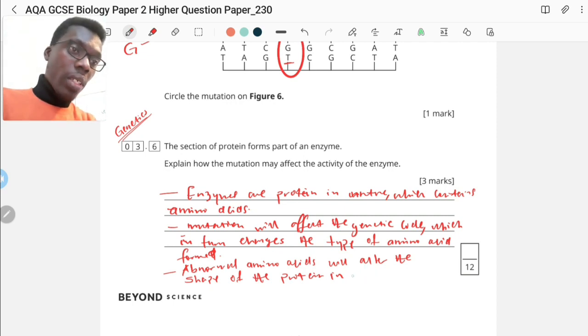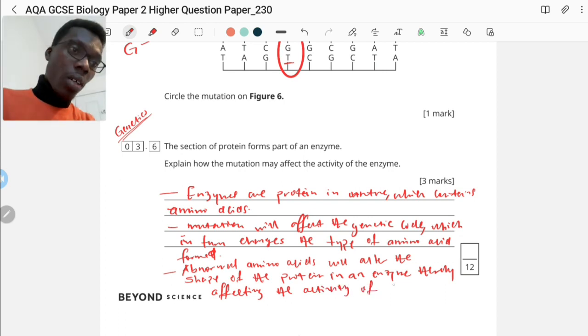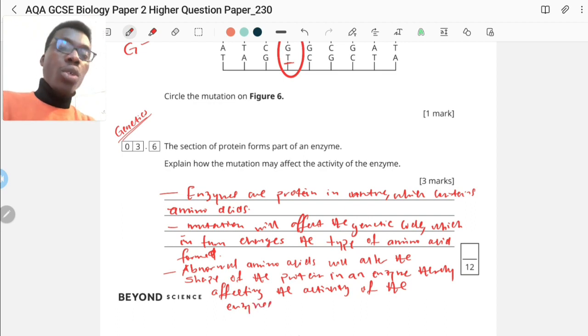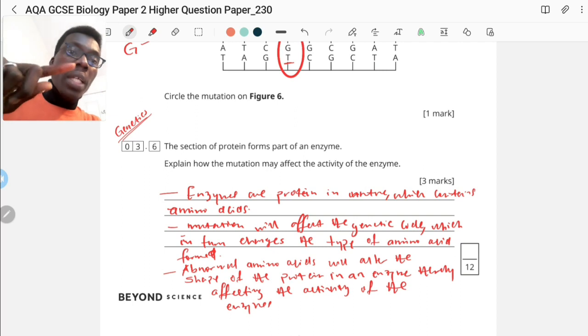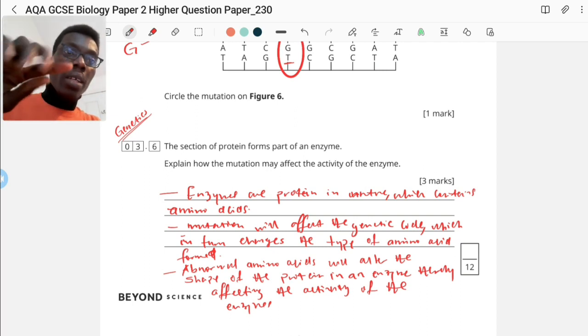Sorry, pardon my writing, please. In an enzyme, thereby affecting the activity of the enzyme. So what we just did here was we first established the fact that protein forms enzymes.